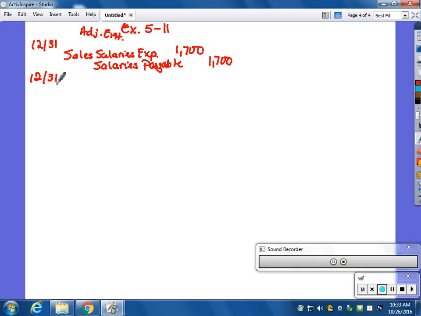So selling expenses. And then credit what? Prepaid. We're taking it out of prepaid, putting it into the actual expense account.